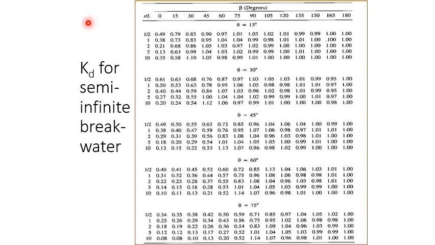So instead of solving for KD in terms of the actual R value, as usual, we use the normalized term. So we relate R with the wavelength. So we have the R over L ratio here. These are the different R over L ratios. You notice that it again is given in a specific range only, from R over L of 1/2 to R over L of 10.